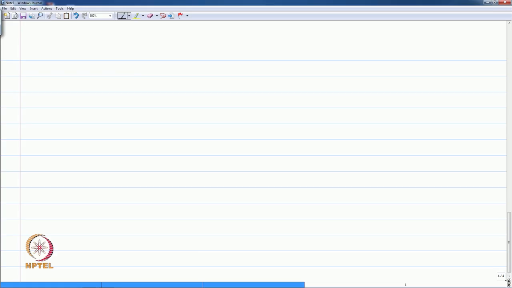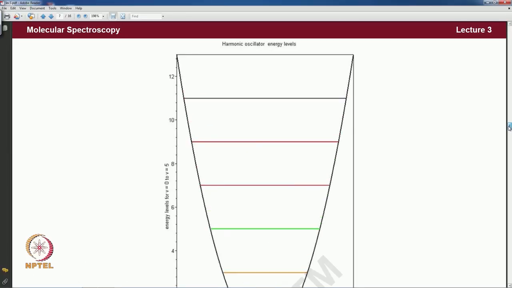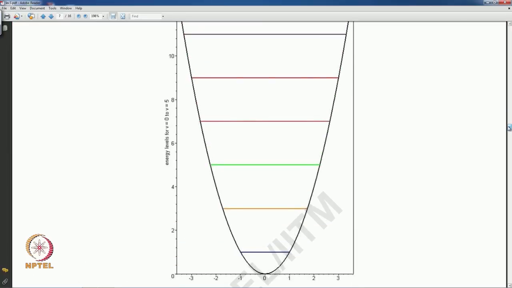Okay. Now, what do we have with respect to these functions? Let us get to the possibility of visualizing these functions and visualizing the squares. Okay. I have some pictures here. Now, how does the wave function look? Okay, you recall the energy levels.